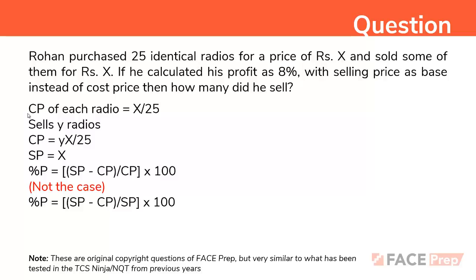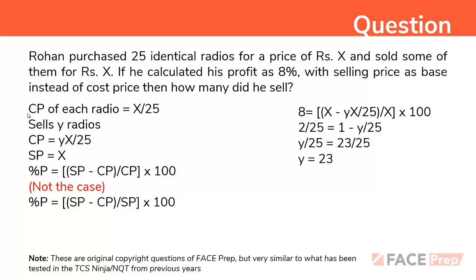Okay, so we know percentage profit is 8, correct, and SP we already know is X, and CP is Y into X whole divided by 25, and this SP will again remain. If you solve this further, you will get 2 by 25 on the LHS, which will be equal to 1 minus Y by 25, and X will be common, so X and X will get cancelled.